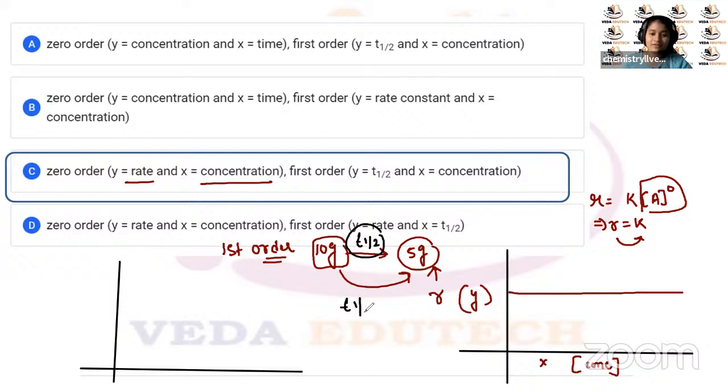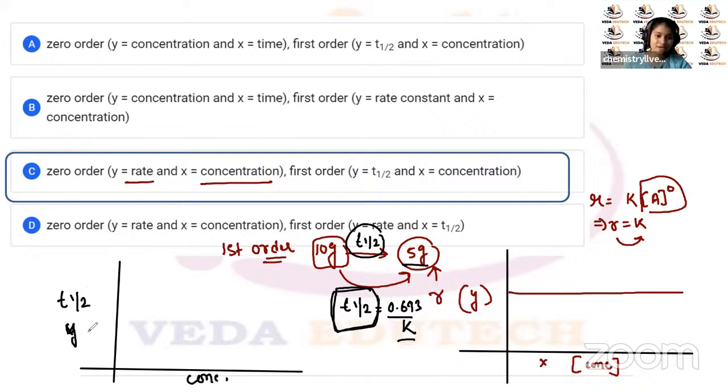And this T half for first order reaction has the formula of 0.693 by K. So can I say that T half is not dependent on concentration, it just depends on K. So here Y is equal to T half and X is equal to concentration. You will get a graph like this.